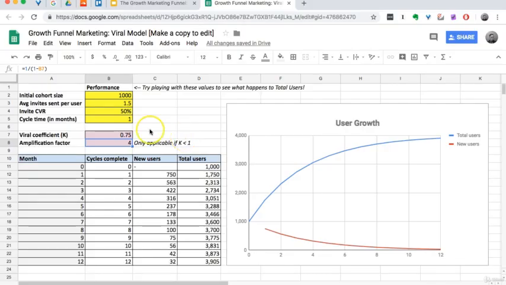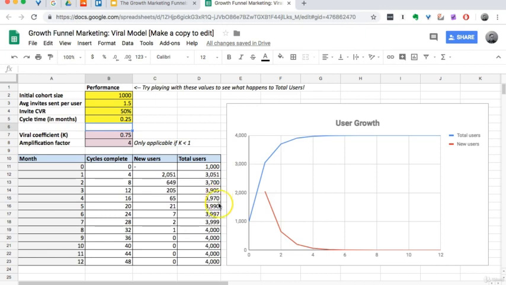Okay, so here again we have our non-viral K value, and we have right now a cycle time in months of once per month. So as 1 month goes by, 1 cycle completes. But what would happen if we were to make it so that 1 cycle happened in 1 week? So a quarter of 1 month, 0.25.